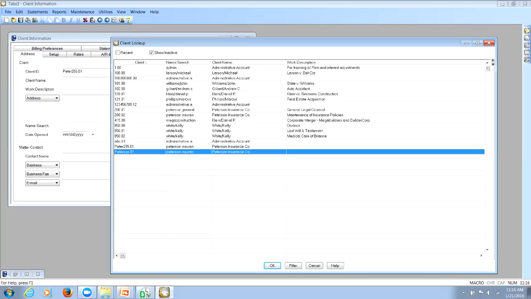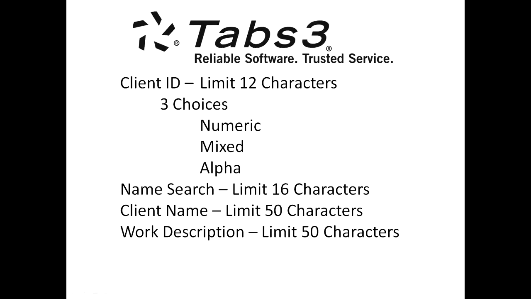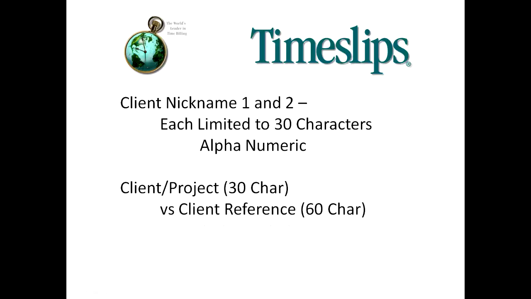They have alphanumeric characters, and let's go back into the Timeslips, and I'll show you that. Okay, so in Timeslips, there's the nickname 1 and nickname 2, and they're both up to 30 characters.